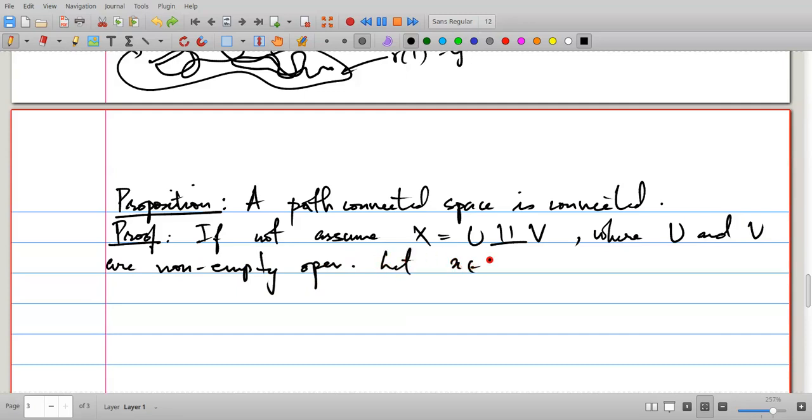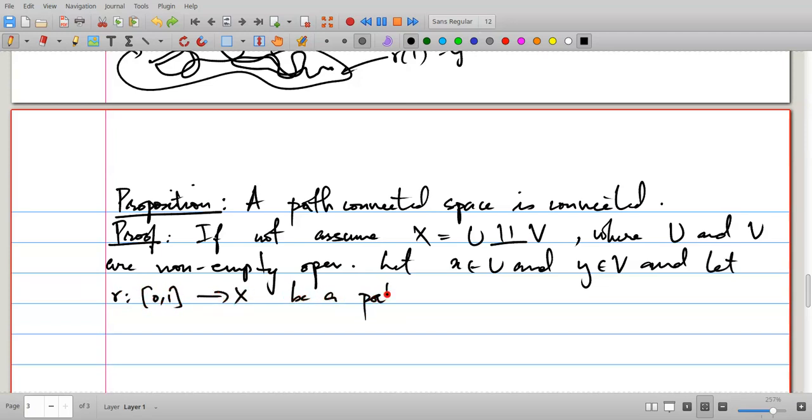So let x be in U and y be in V, and as X is path connected, let gamma from [0,1] to X be a path from x to y. Then we just pull back the open subsets.